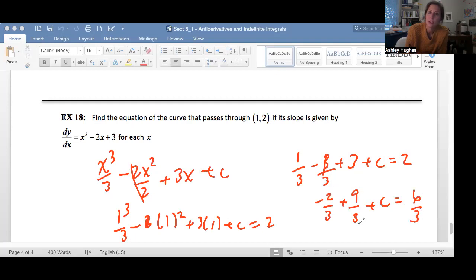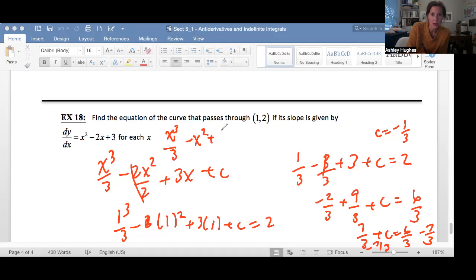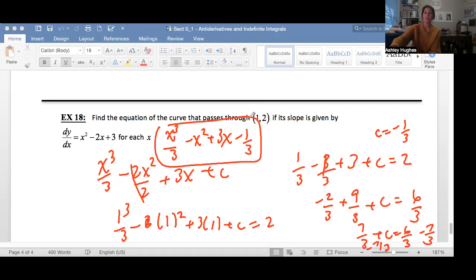So that is 7/3 plus c equals 6/3. So subtract 7/3. So we get c equals -1/3. So our function would be x cubed over 3 minus x squared plus 3x minus 1/3. When you plug in 1, you should get 2.